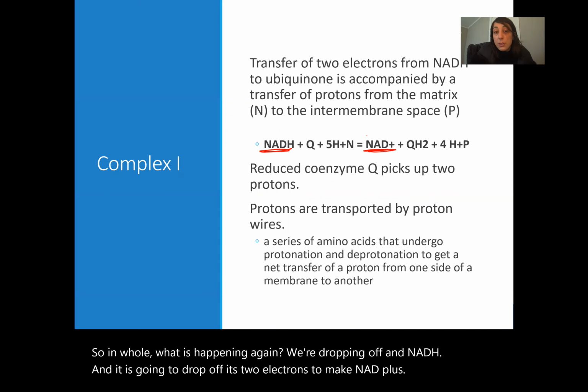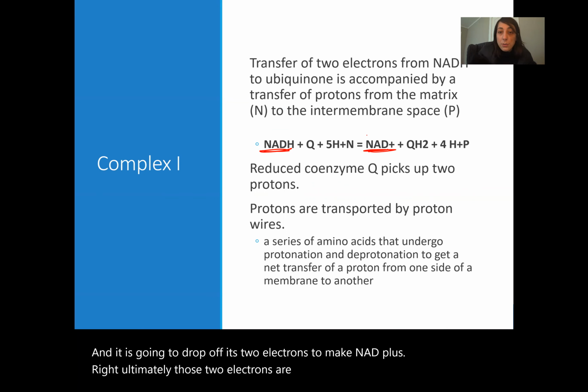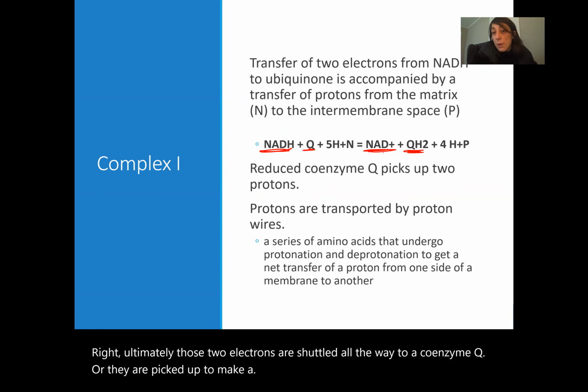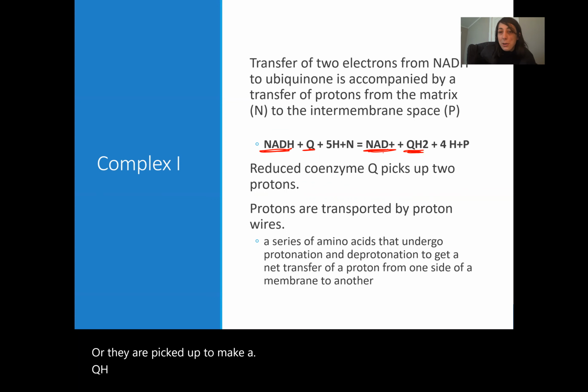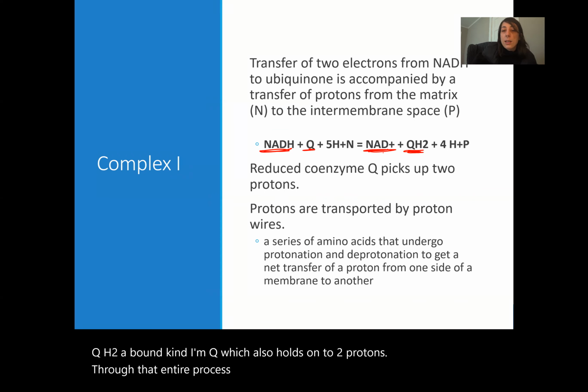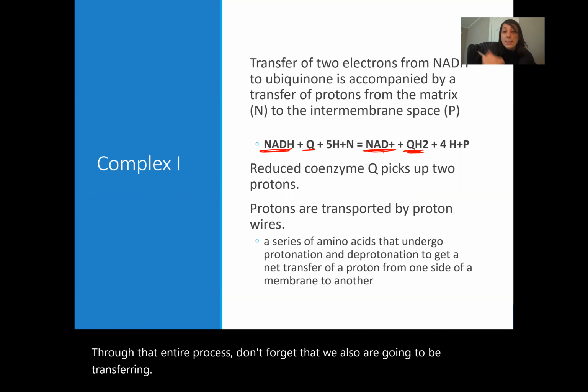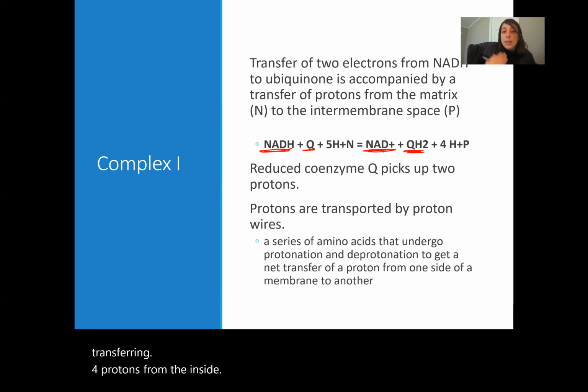Ultimately, those 2 electrons are shuttled all the way to a coenzyme Q, where they are picked up to make a QH2, a bound coenzyme Q, which also holds on to 2 protons. Through that entire process, don't forget that we also are going to be transferring 4 protons from the inside to the outside.